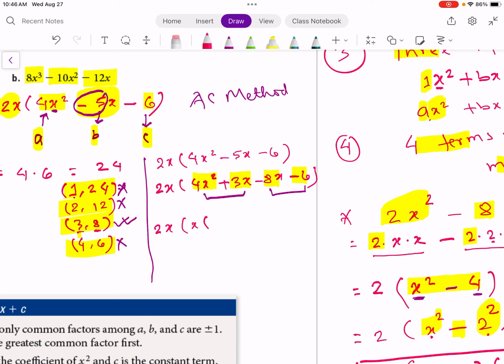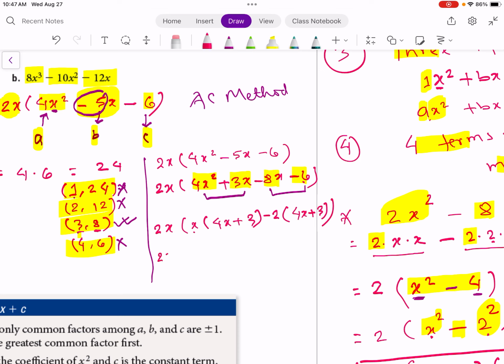If you factor out x from 4x squared, what is left? 4x squared divided by x is 4x, plus 3x divided by x is 3. Now in the last 2 terms, what do we have as a common factor? Minus 2, right? The first term has a negative, so let's factor out a negative 2. Negative 8x divided by negative 2 is positive 4x. Negative 6 divided by negative 2 is positive 3.